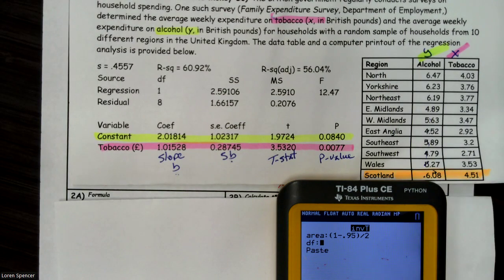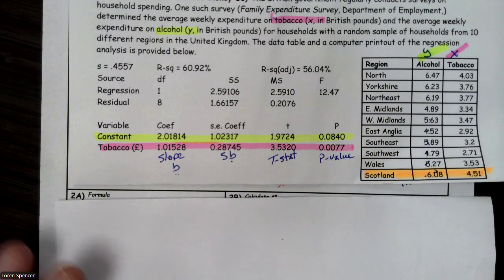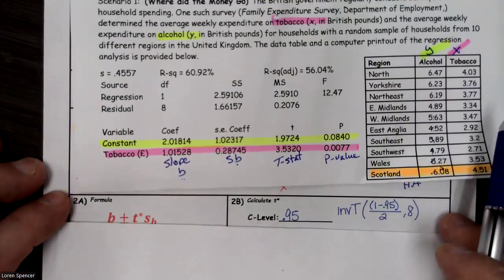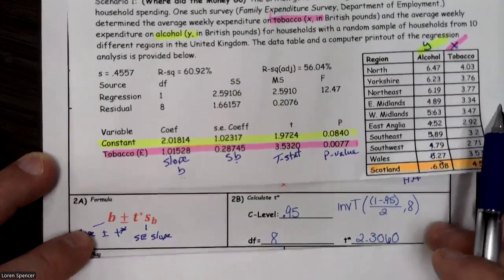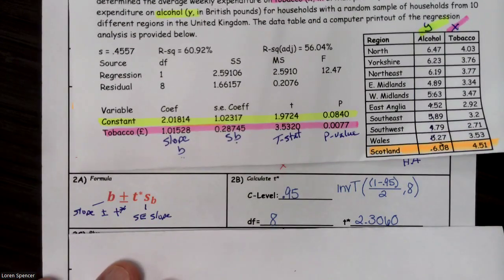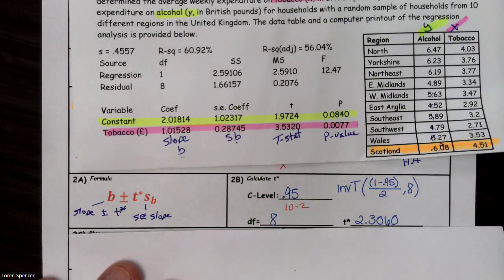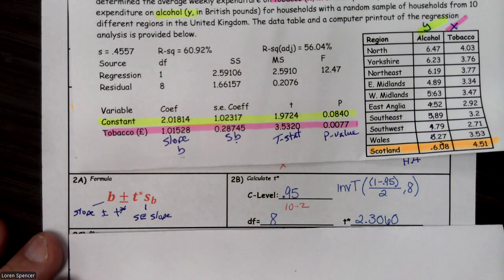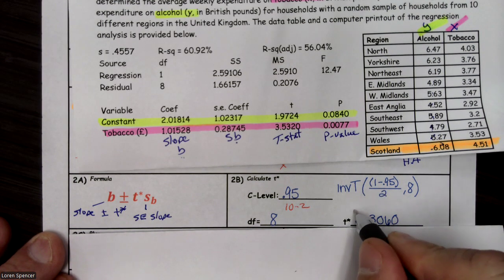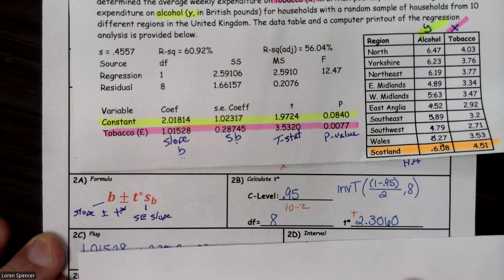So in this case, our degrees of freedom are 10 minus 2, which is 8. And when we do that, we end up getting a t star of 2.306, which we're going to go ahead and make positive. All right. And we always make it positive because we're such positive people.